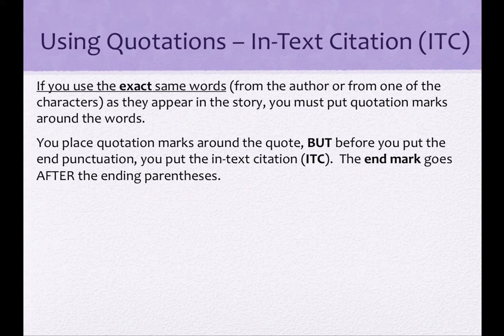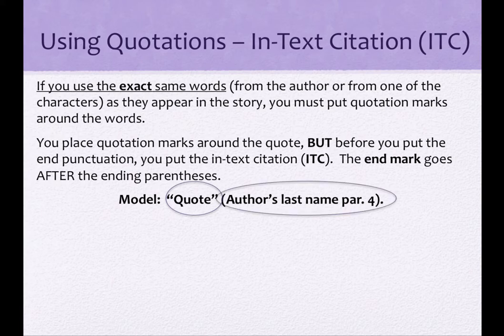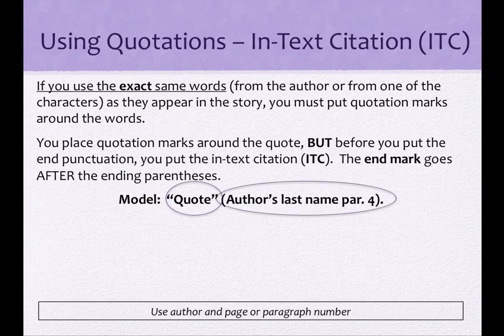The end mark goes after the ending parentheses. Here's a model. There's the quote with the quotation marks. Here's the in-text citation, which is the author and the page or paragraph number. There's in-text citation, end mark comes after the parentheses.